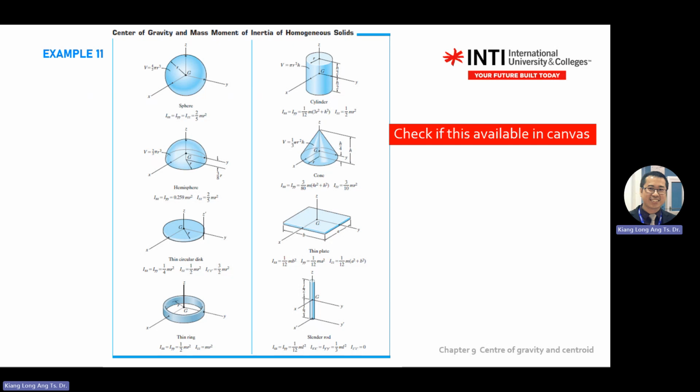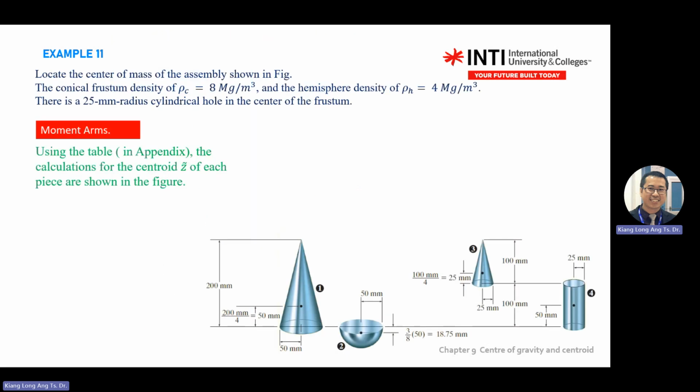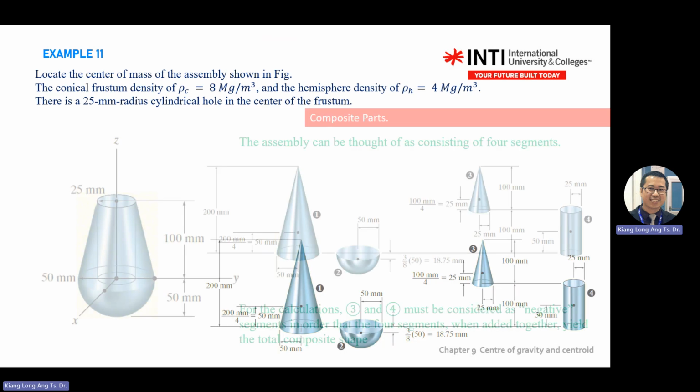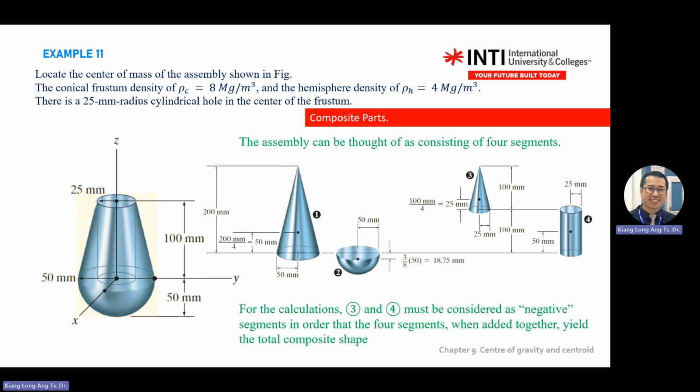H divided by 4, so you look at here. 200 divided by 4, you get 50. This is the radius now. Yeah, you have to calculate.